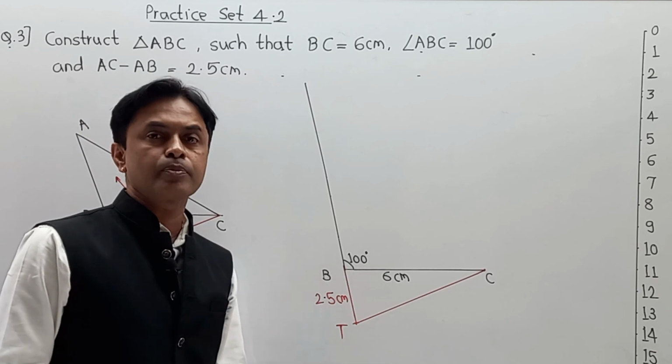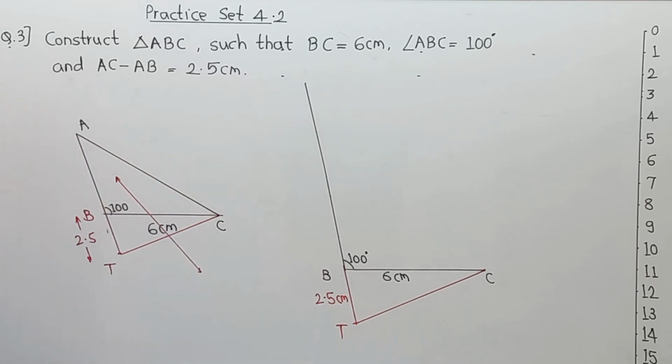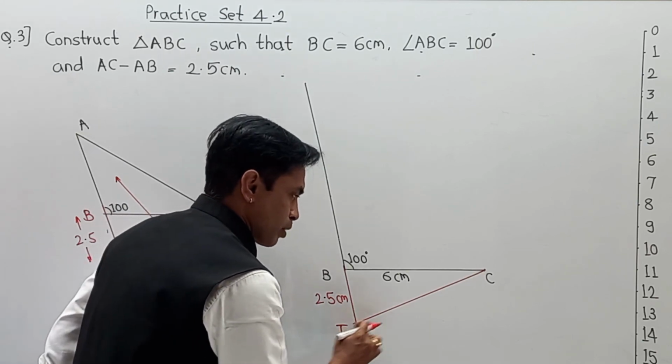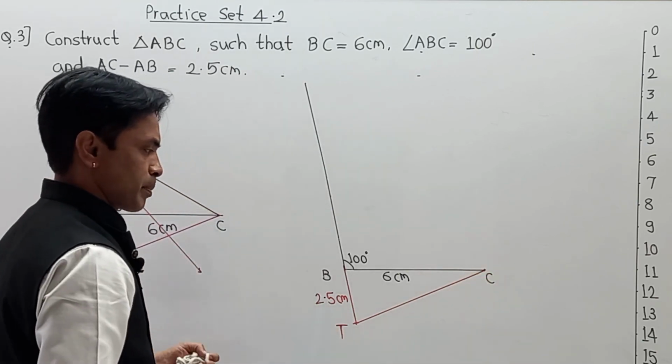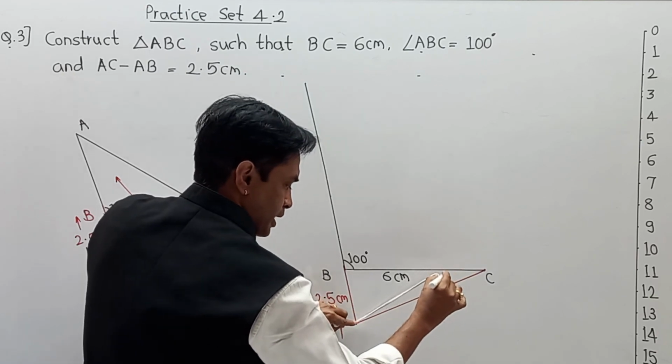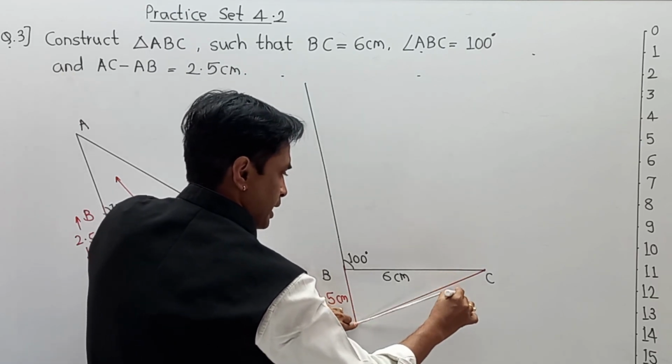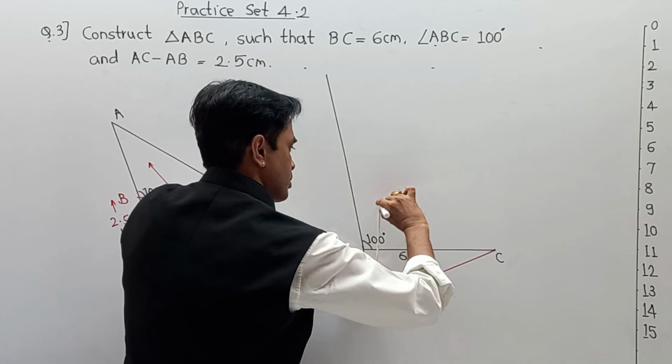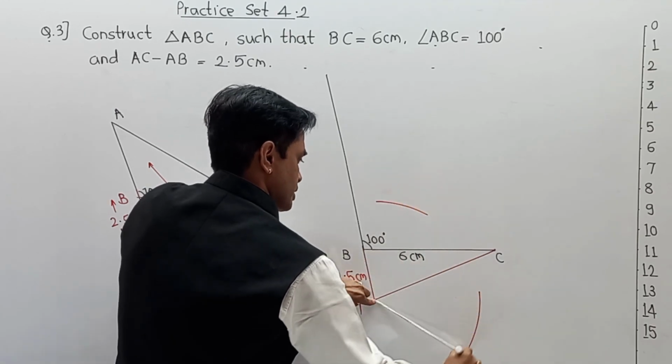So we are going to start the process for that. You have to draw a perpendicular bisector on TC. Take a distance more than half of TC, taking the pointed head at T, and draw one arc upstairs and a second arc downstairs.